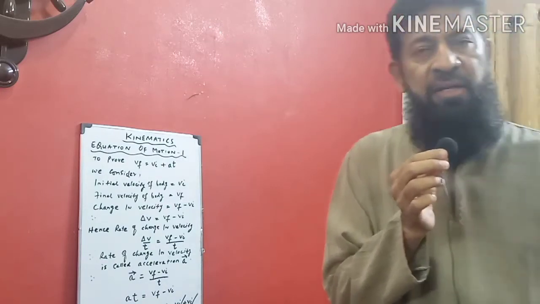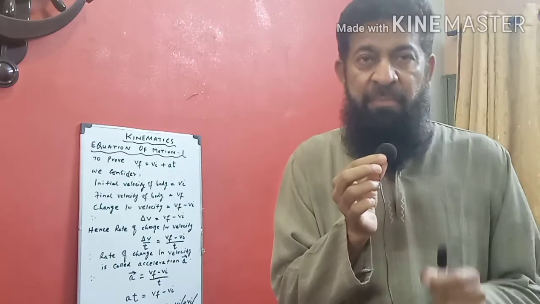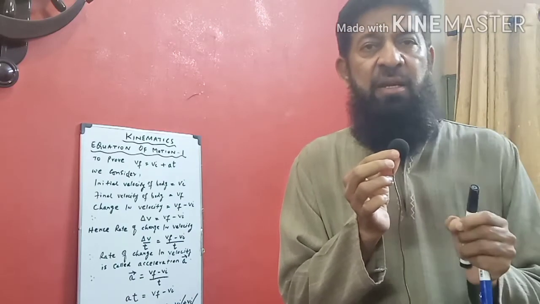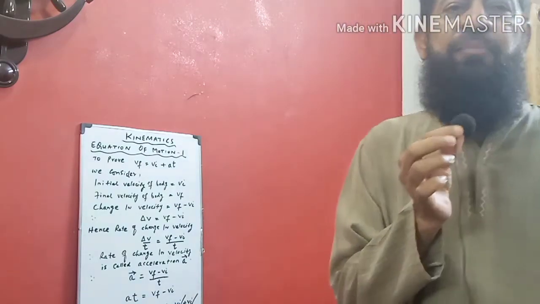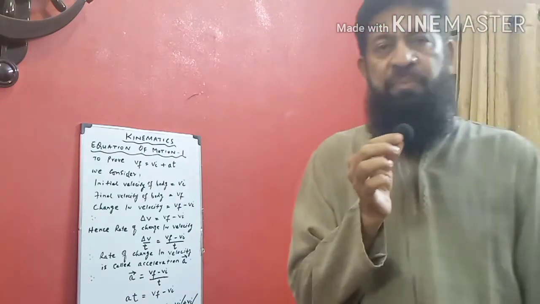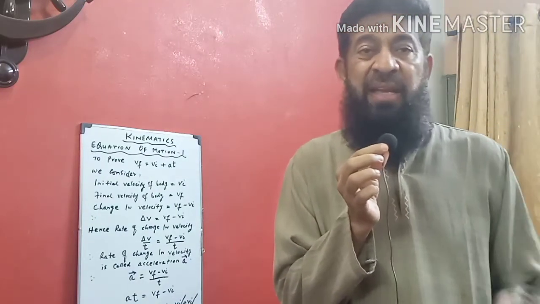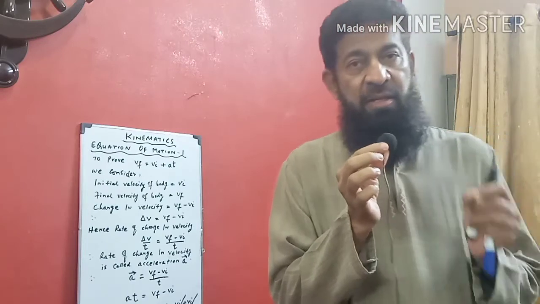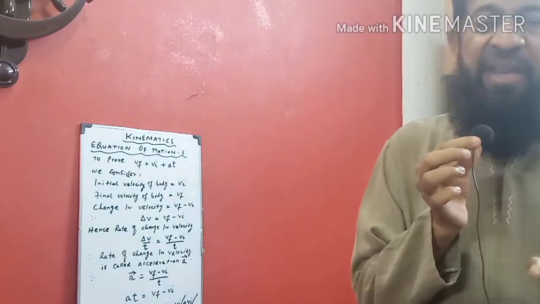On the other hand, displacement, the minimum distance between any two destinations, is called displacement. Displacement always has a specific direction.